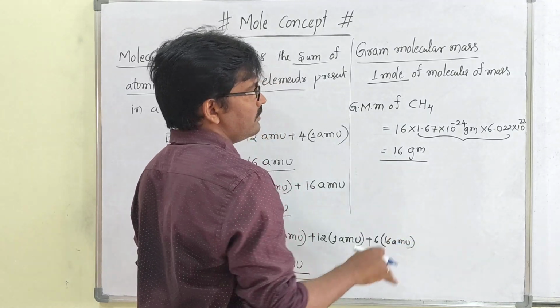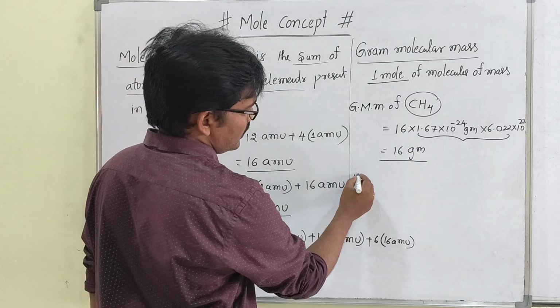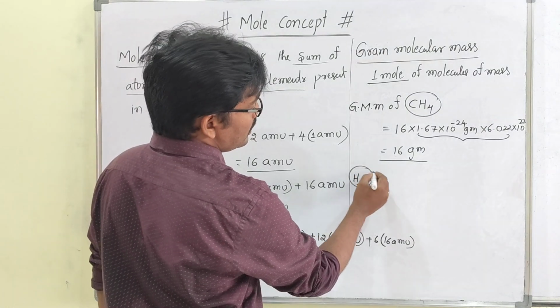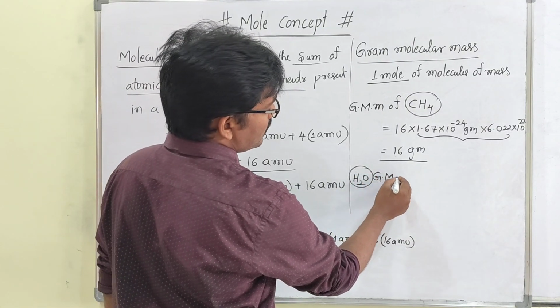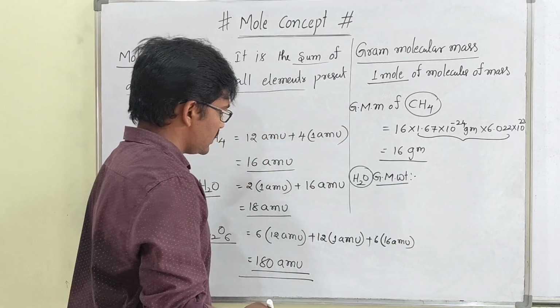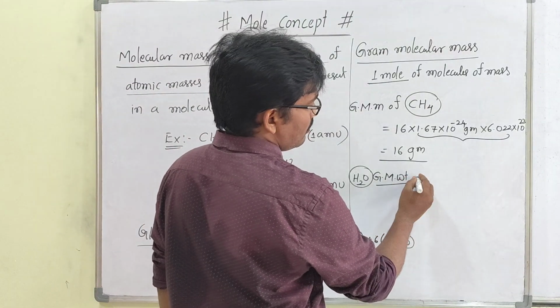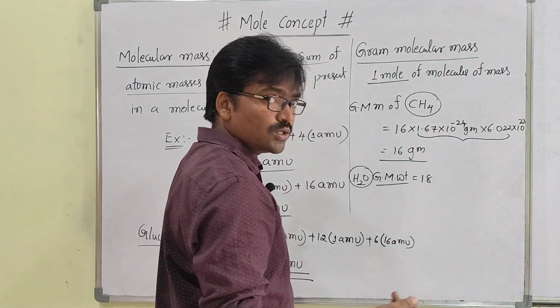Understand? So not only CH4, any molecule, for example H2O, if you want to find the gram molecular mass, the molecular mass is already known: 18 atomic mass units.